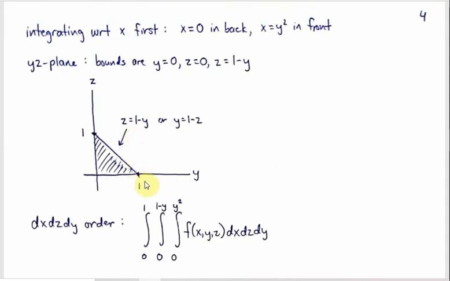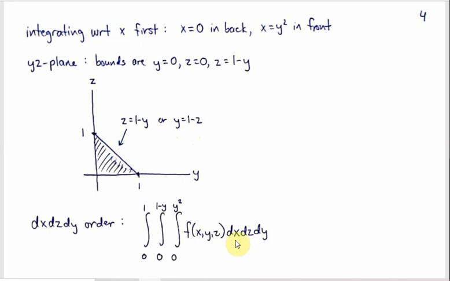So just looking at the picture, you can say, okay, we know it's going through 0, 1, 0, and then 0, 0, 1. But then when you get rid of x, this is just 1, 0, and 0, 1. And then this line right here is z equals 1 minus y, which we can get from the original picture. But then when we go in the order of y before z, we're going to need it this way.